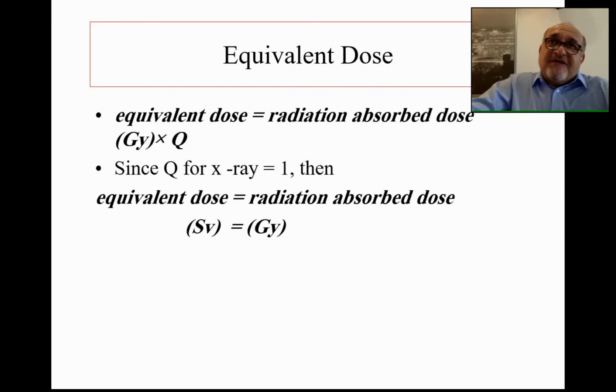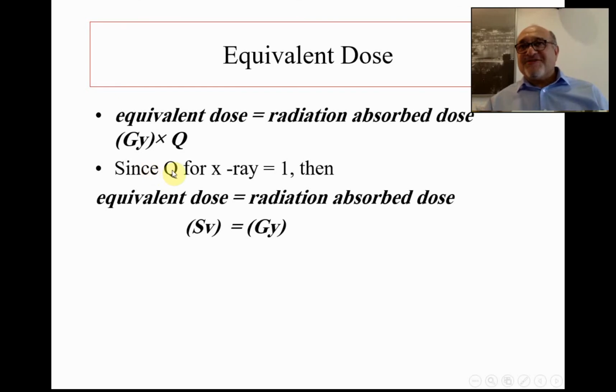It's very general. So if you want to specify a certain type of radiation, you have to multiply it by the quality factor of that radiation. So in order to calculate the equivalent dose, you have to know the radiation absorbed dose, and then you multiply it by Q of that energy, so you will get the equivalent dose of that radiation.